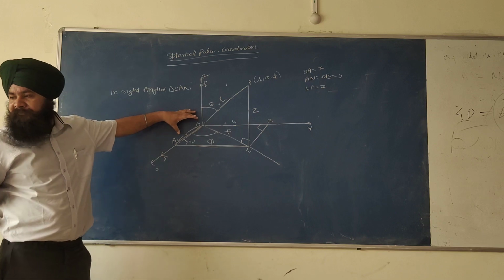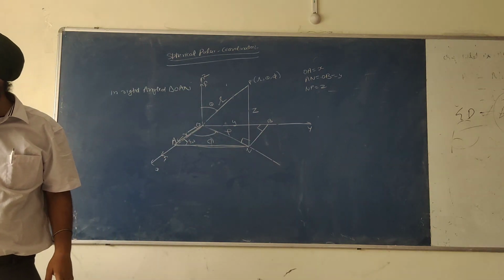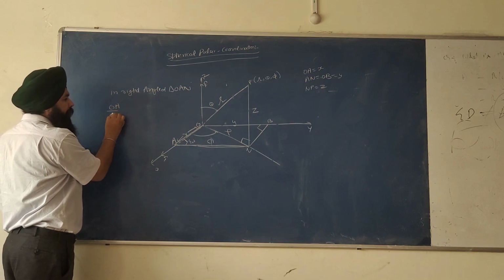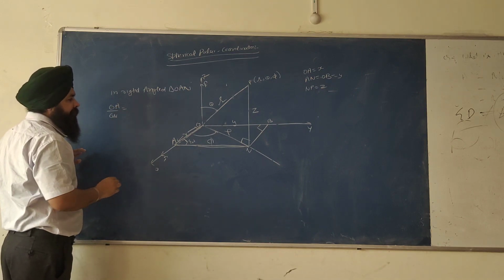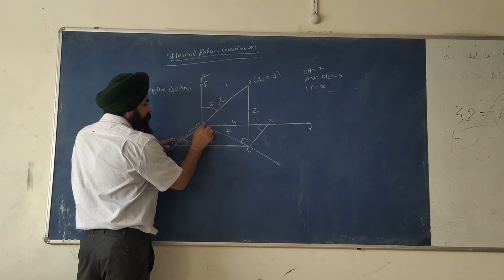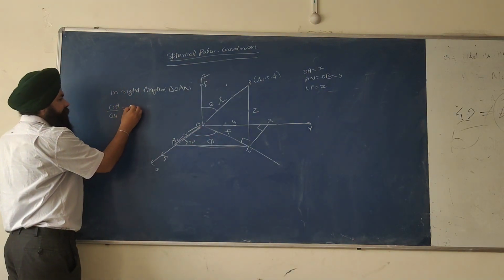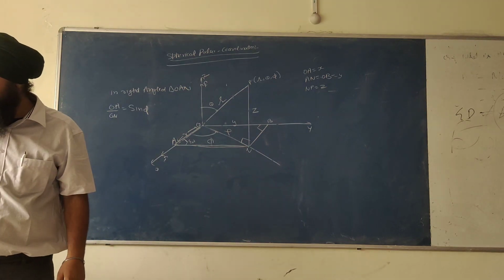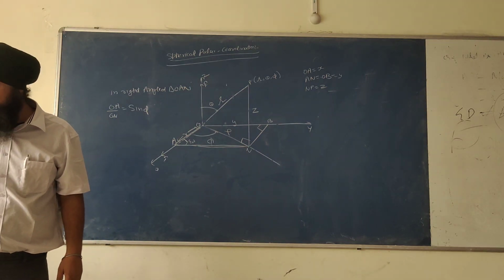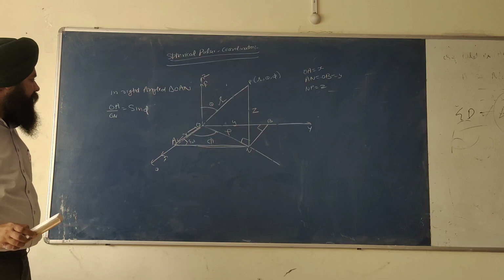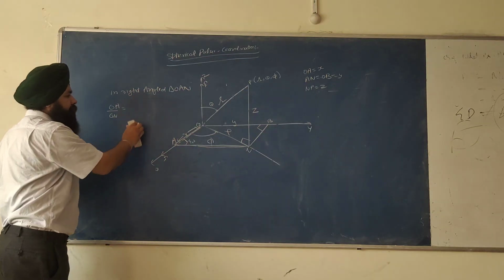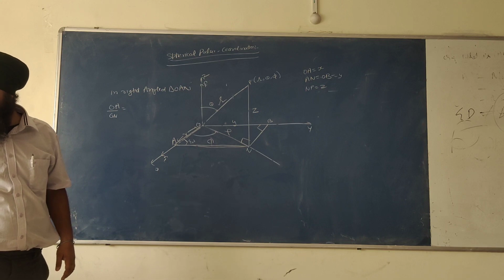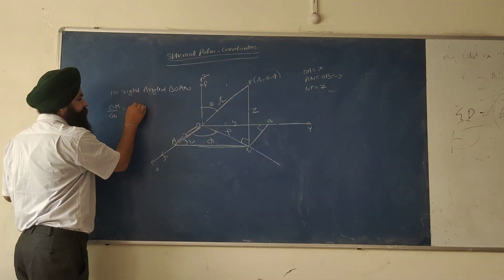I want OA. OA upon ON is equal to, can I write this? Sin phi. Sorry, cos phi. OA upon ON is equal to cos phi.